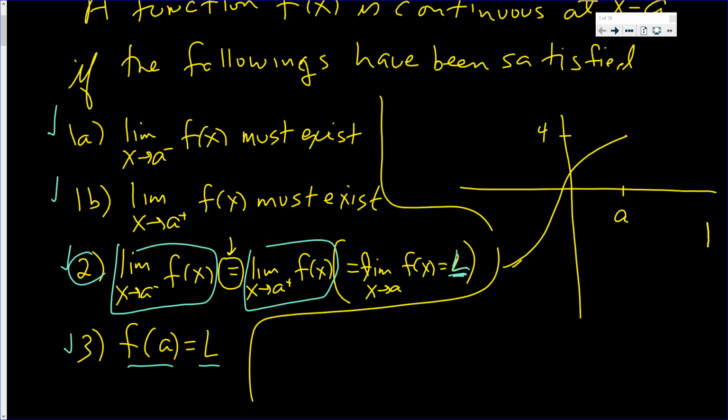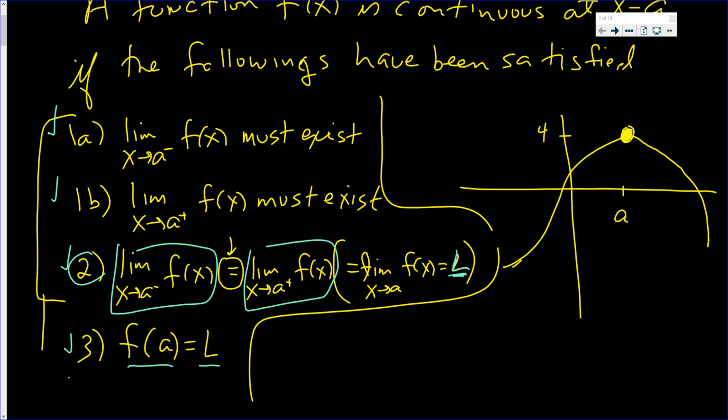So as I approach a from above, I have to get closer and closer to 4. Just having satisfied 1a, 1b, and 2, f of a doesn't have to be 4. Nowhere does it say that f of a has to be 4. But if you're going to include 3, f of a has to equal that common limit.